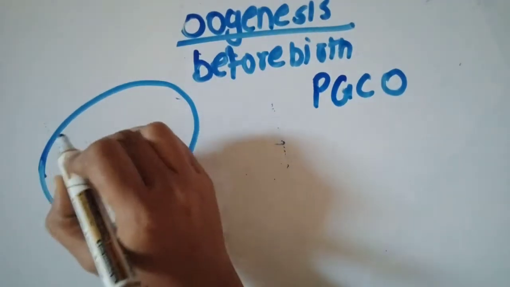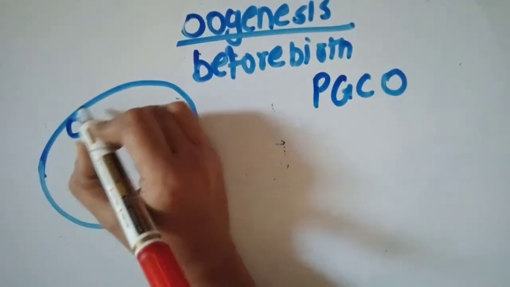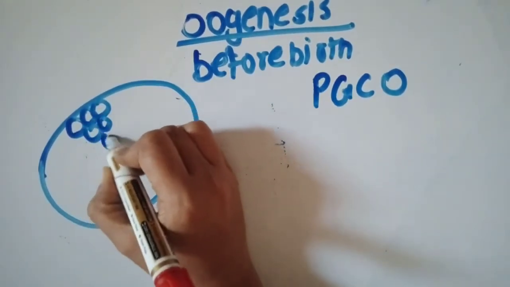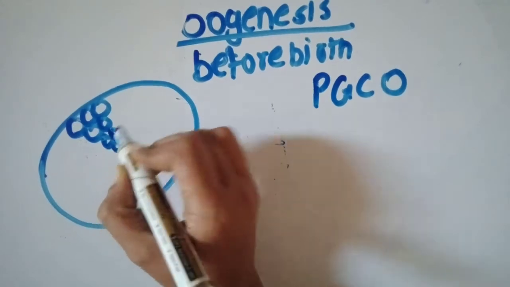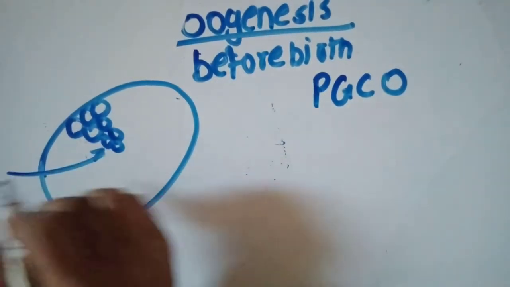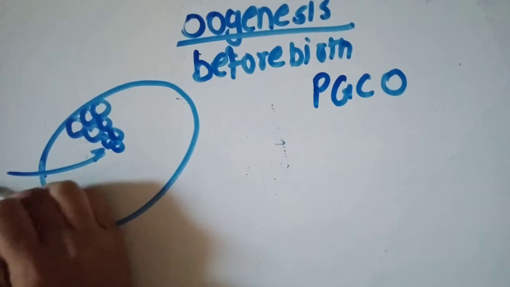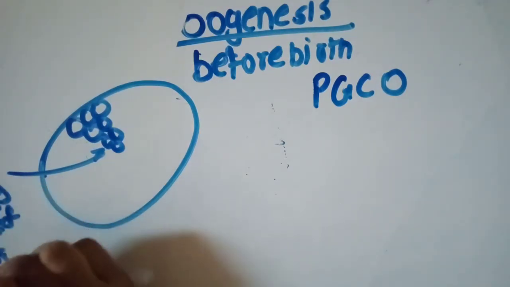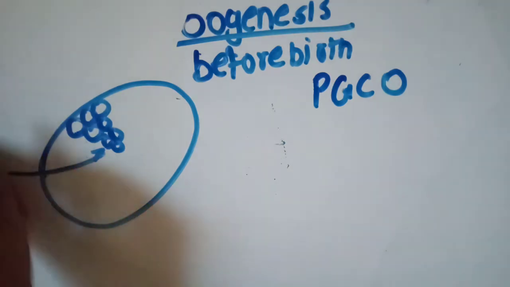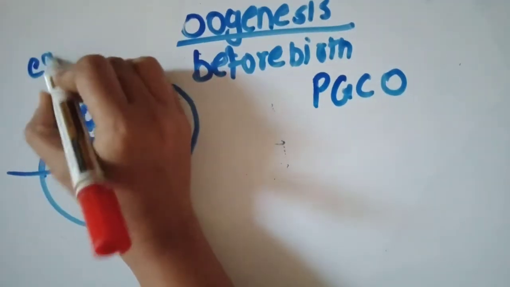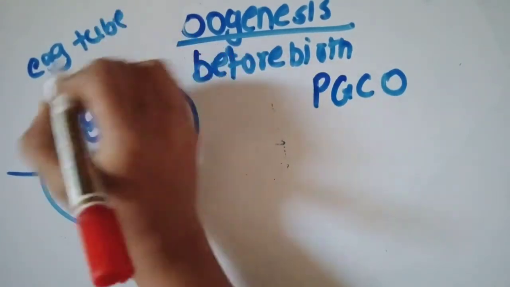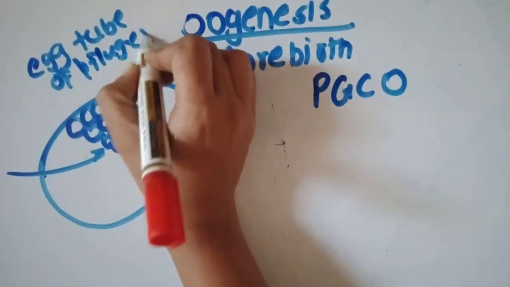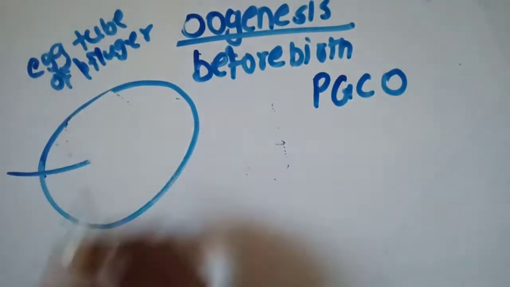The primary germ cells undergo division and form this cord-like structure. The cord-like structure is called the egg tube of Pflüger. I'll draw it here. This is the egg tube of Pflüger. So the cord-like structure is formed like this.